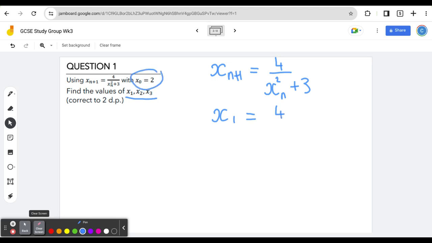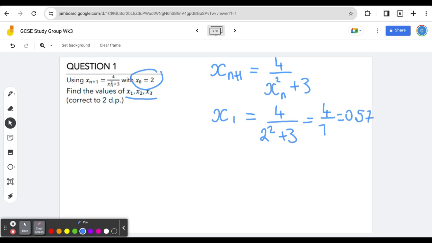So I'm going to do 4 over 2 squared plus 3, which is 4 over 7. And rounding that to 2 decimal places is 0.57 for my first answer.